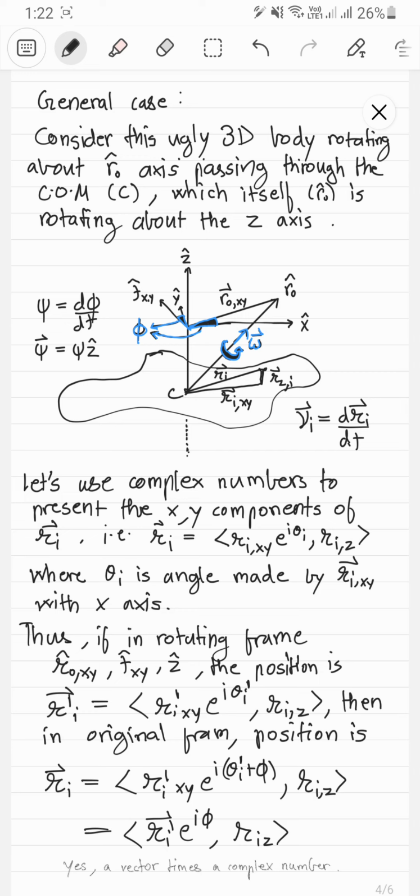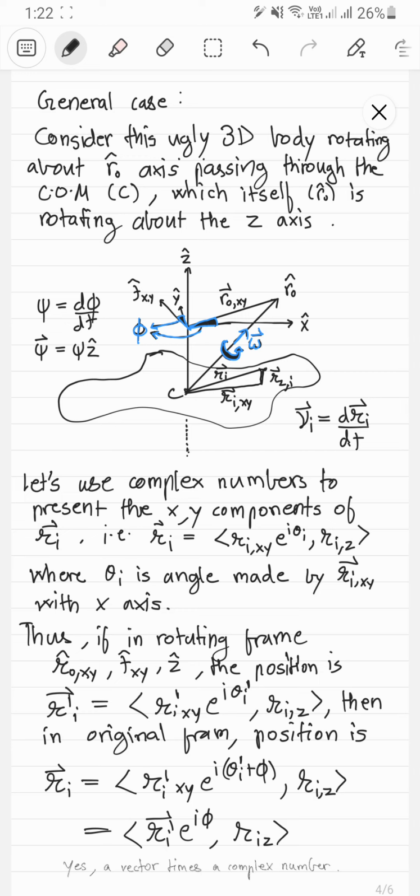Okay, so this r0 hat vector is aligned with this omega vector, which is the angular velocity about this axis, and this axis itself is rotating about some other axis, the z axis in this case, right? So whatever axis it is rotating around, you just take that as the z axis and set up coordinates according to that.